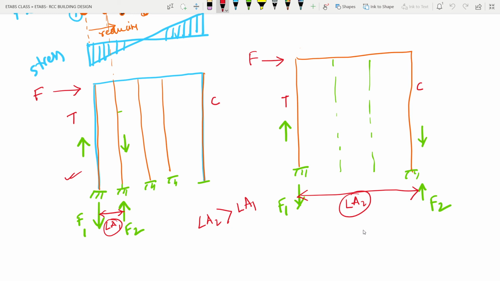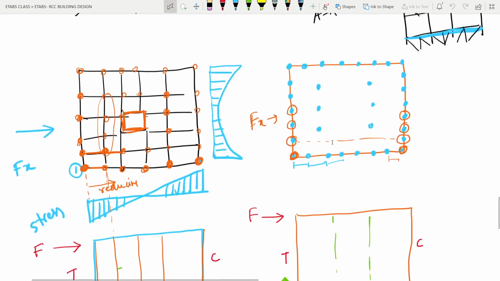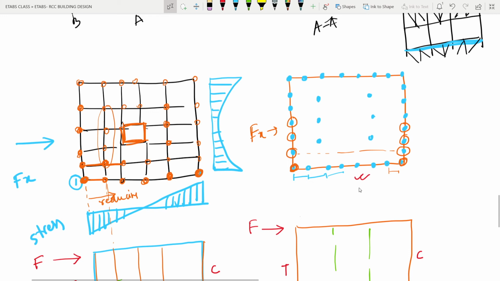But in this case, as the lever arm is larger, the forces in the structural elements will be less. So what we have seen is that this particular system is more efficient than the system we had given here.